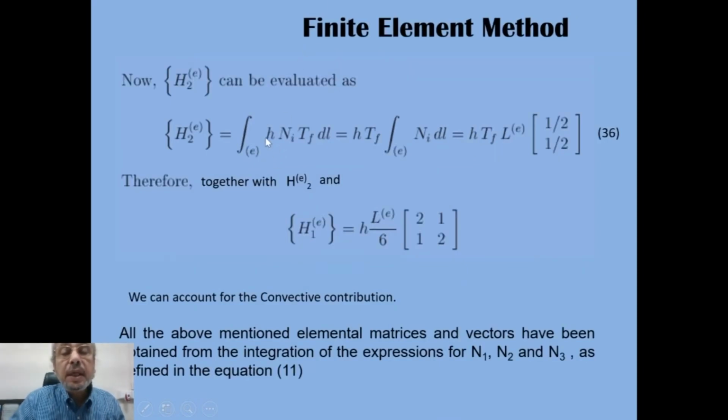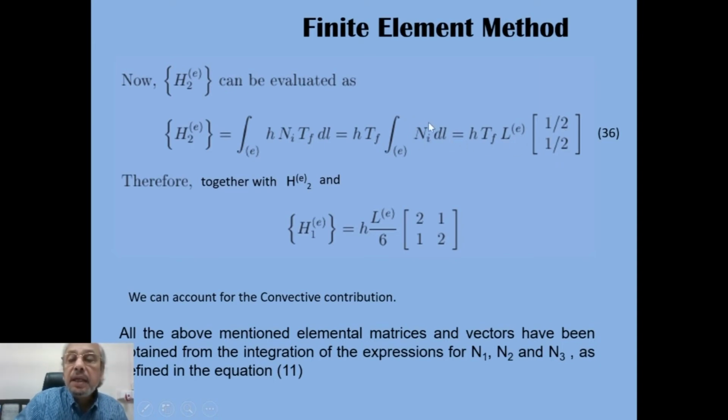H2E is integral of H Ni Tf dl. As I said earlier, Tf is known and constant, so it will come outside, and then it is integration of Ni dl. So H Tf into L, the total length of the line segment, half and half.